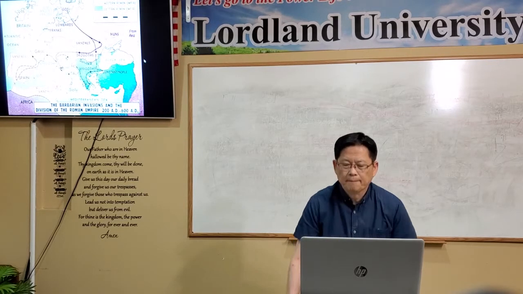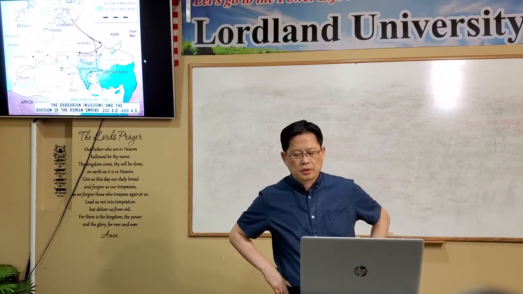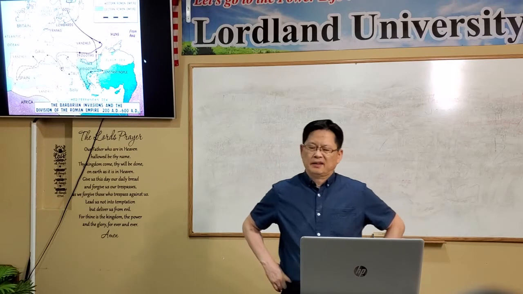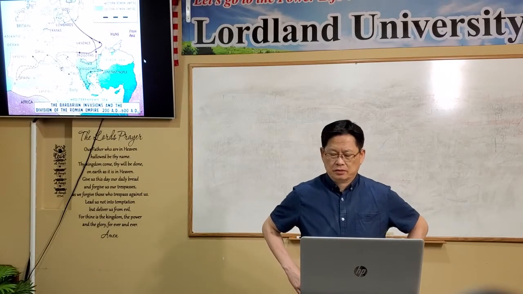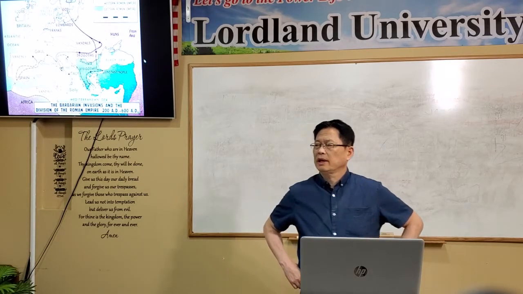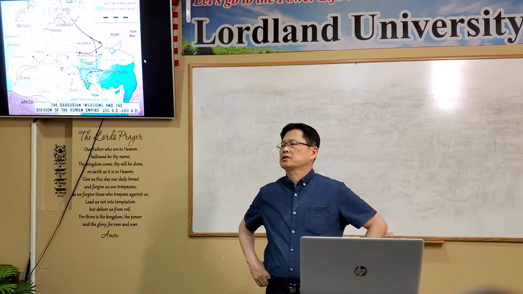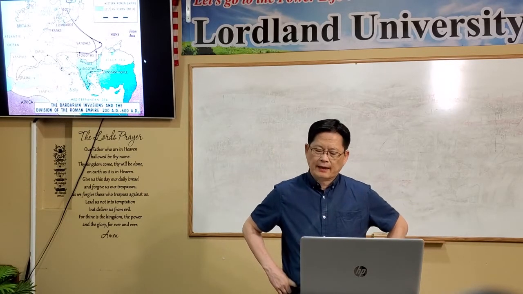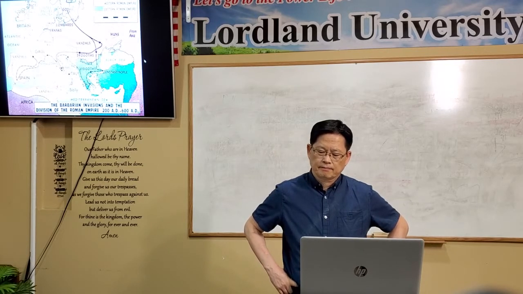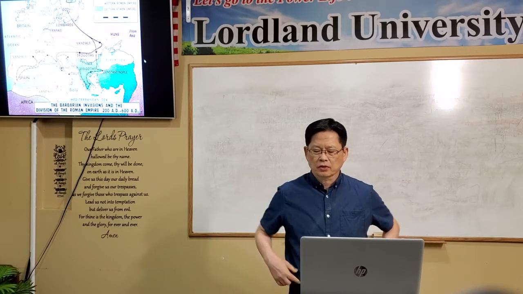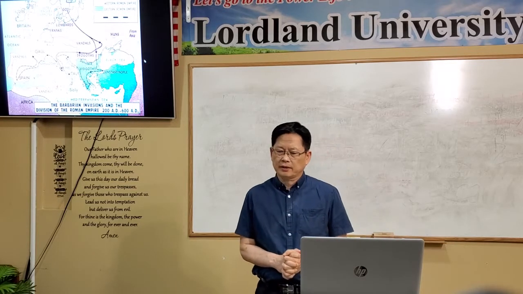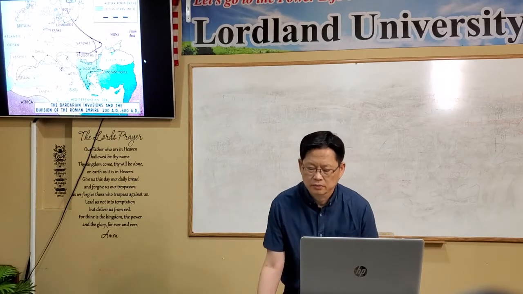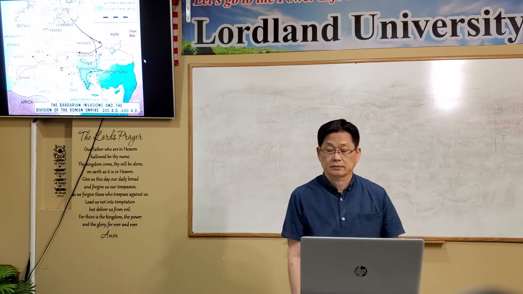This map shows the barbarian Germanic tribes' invasions against the Roman Empire and the division of the Roman Empire during 200 to 600.